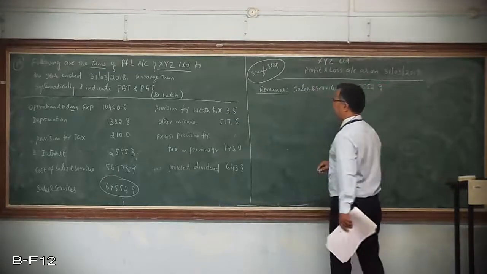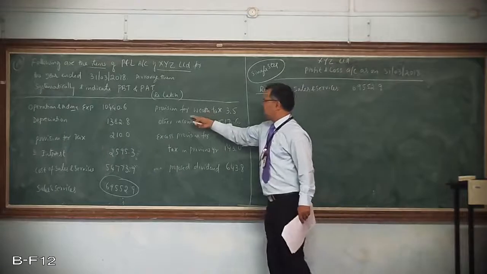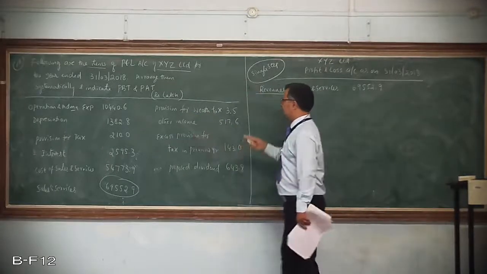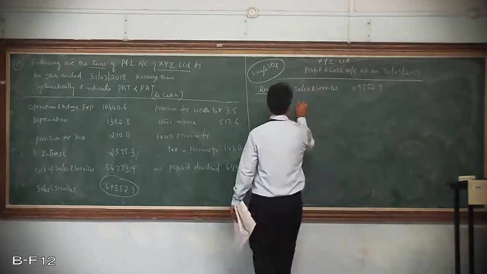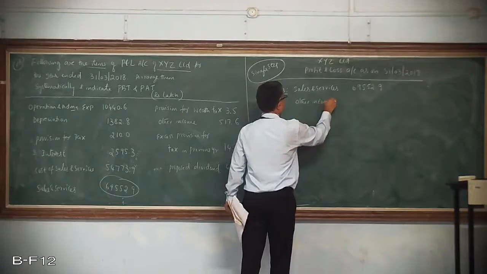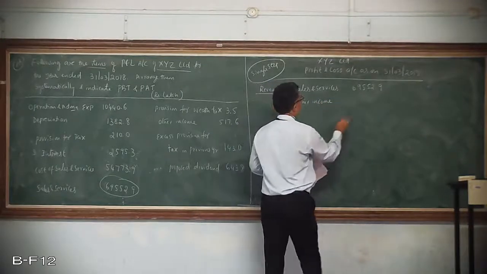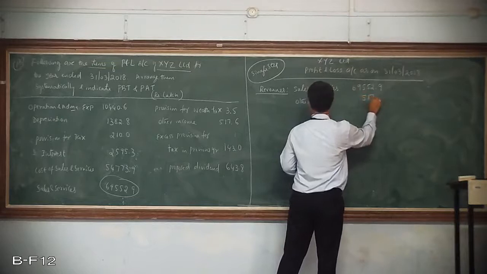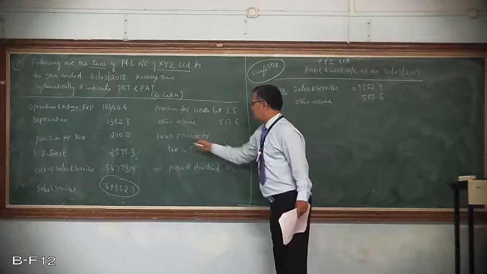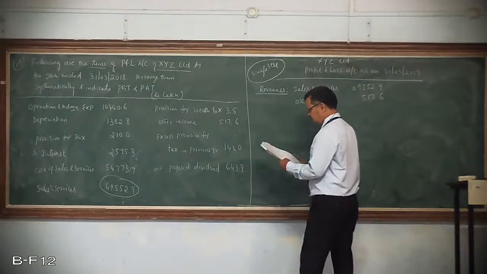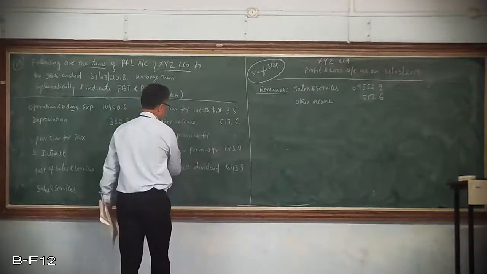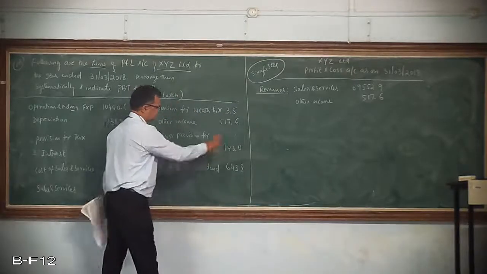Next, provision for wealth tax is an expenditure. Other income is income, so you have one more item, other income, 517.6 lakhs. So they are revenue. The excess provision for tax in the previous year comes afterwards, while calculating the net profit, and dividend also comes later.